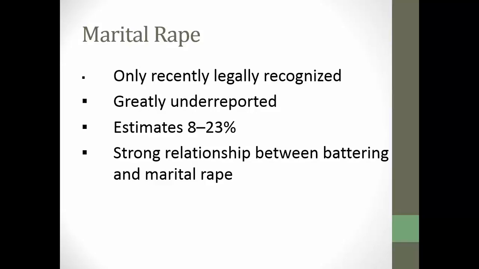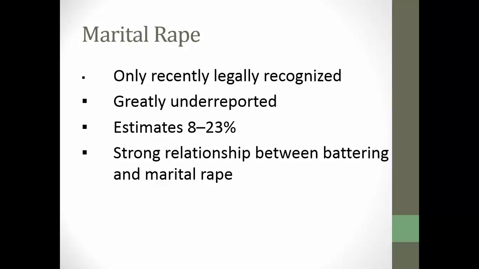More recently, state laws have changed. As you might suspect, it is one of the most underreported forms of rape out there. Spouses don't interpret it as rape, and even if they do, they don't want to report their own spouse. So it's hard to even get a good estimate of how much of this is going on.